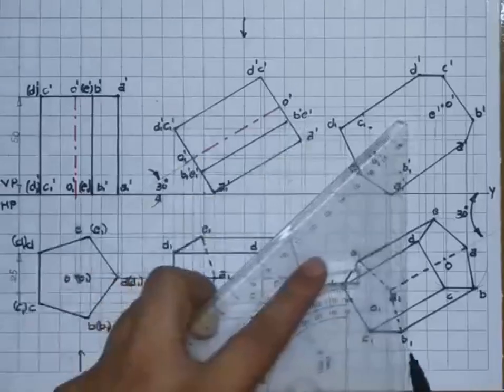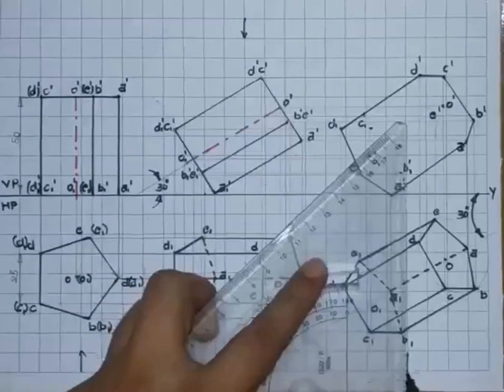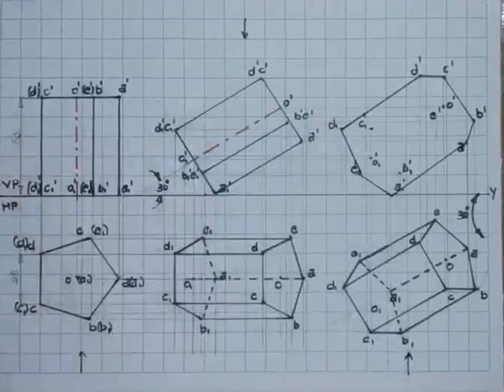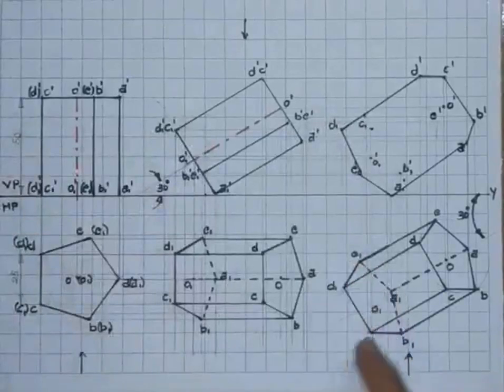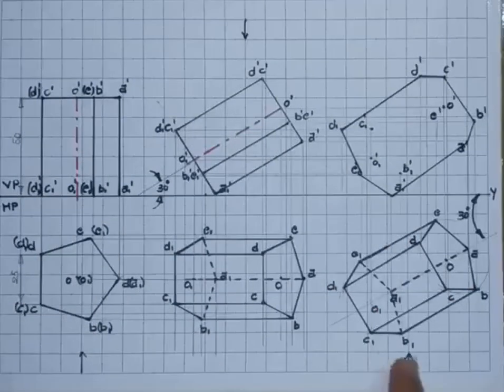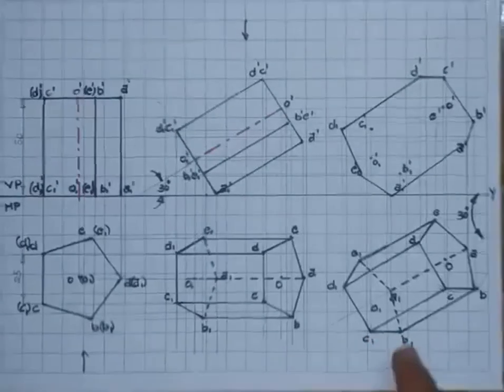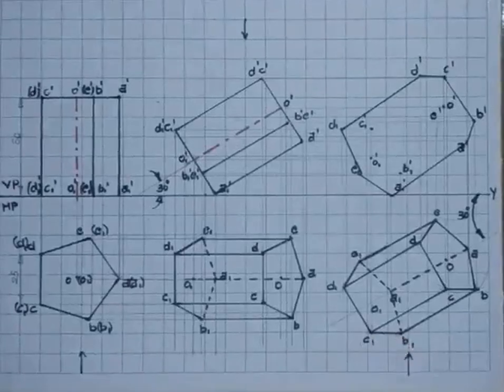Now the observer is here. Since the base is towards the observer, all the base edges will be clearly visible. Now you can see B and C are nearer to the observer. So obviously B and C are clearly visible.